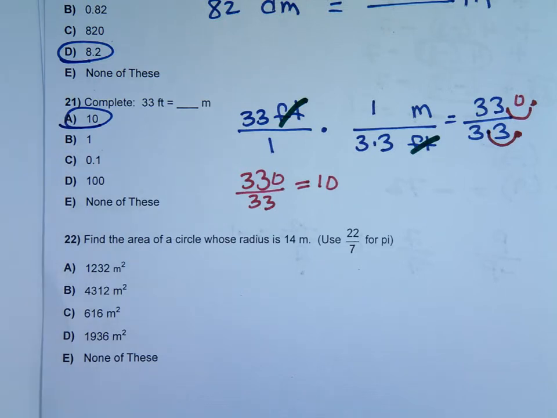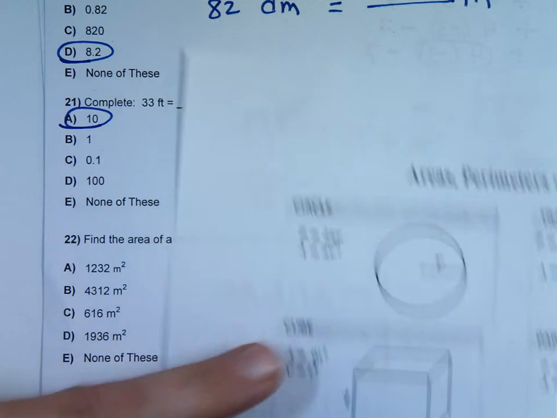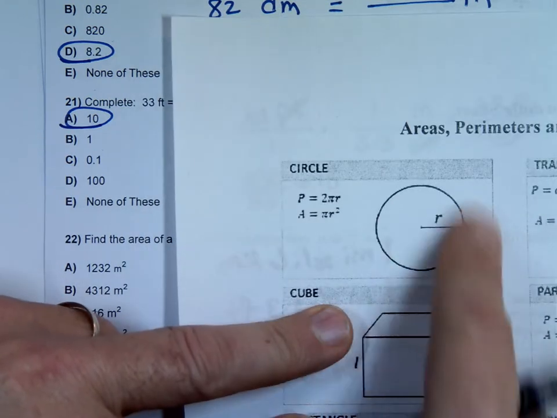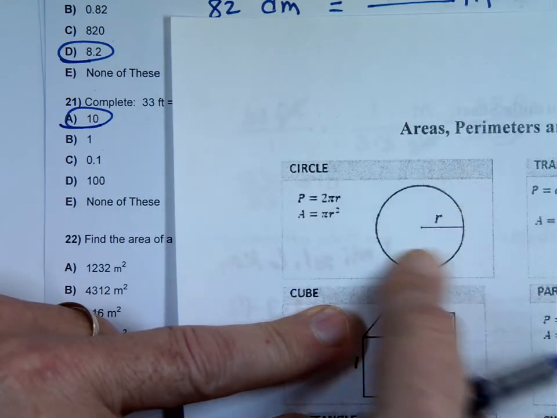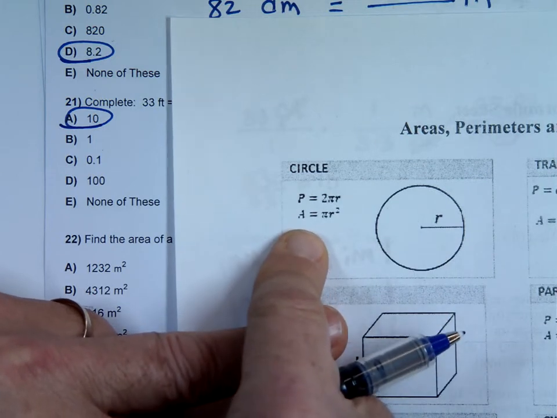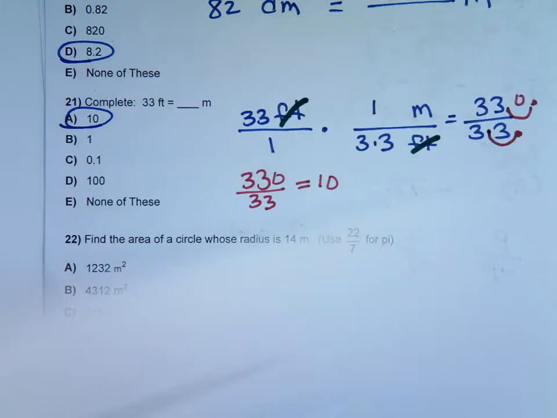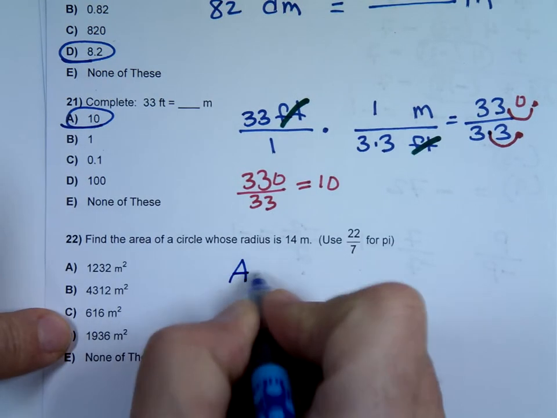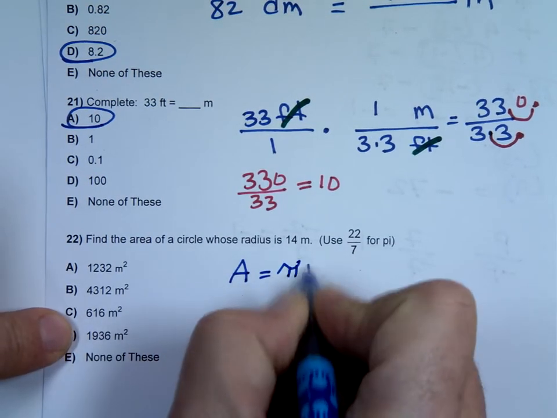Now, question number 22. We're almost done. Find the area of a circle. On the back side of the cheat sheet, there's a circle. And the area of that, in case you can't see it, is pi r squared. R squared means what?